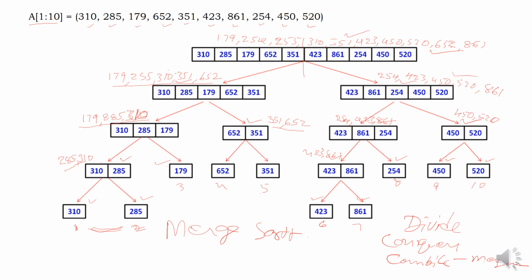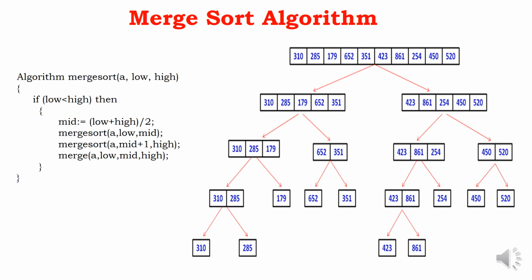These two sorted arrays are merged into one sorted array. In the same fashion, left side also. Finally, left side we have got a sorted array consisting of 5 elements. Right side we have got a sorted array consisting of 5 elements. These two sorted arrays are merged together to form a sorted array consisting of the original 10 elements.